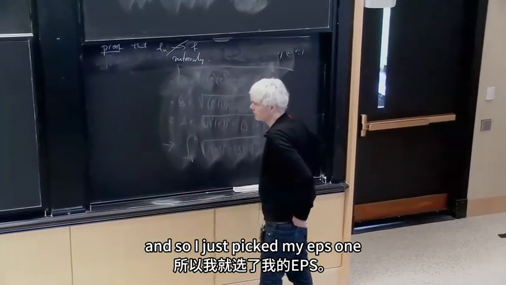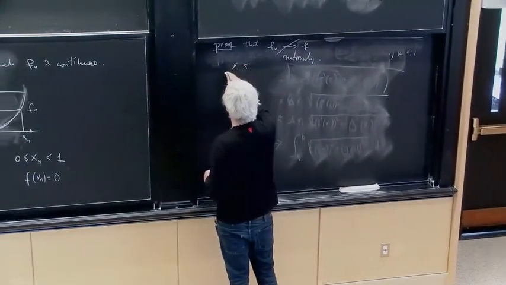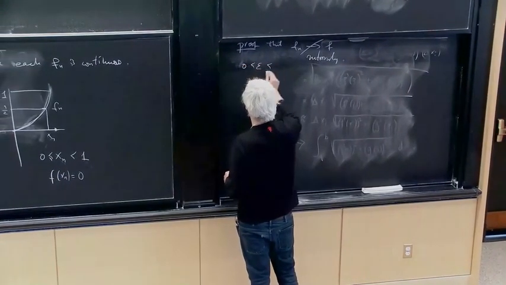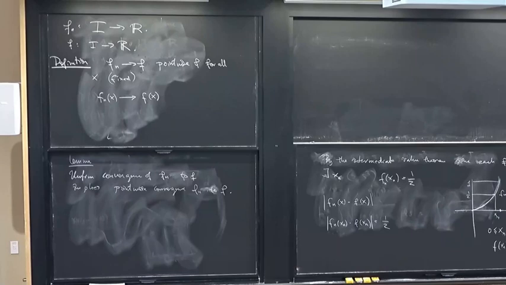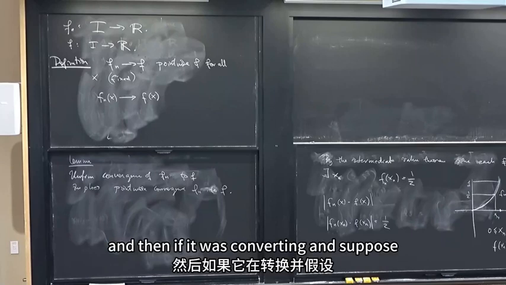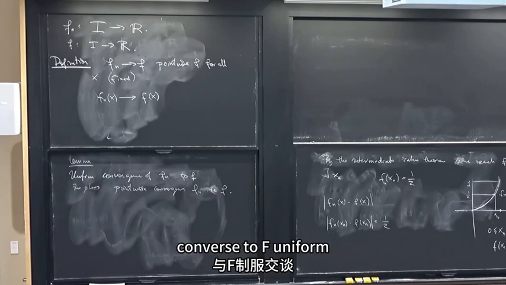And so I just pick my epsilon less than a half, right? And then suppose, that is, suppose Fn converges to f uniformly.